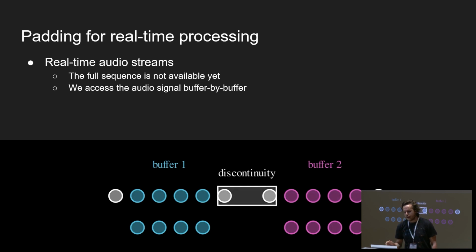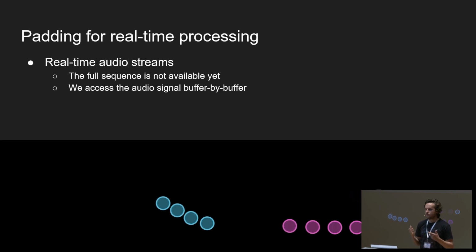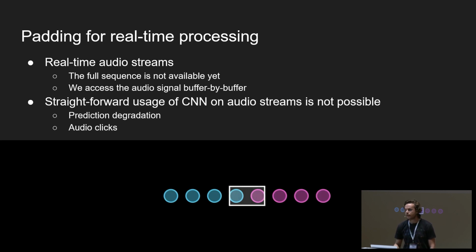This discontinuity is going to mess with the convolutional layer's ability to recognize patterns, and we're going to see that in the output of the convolutional layer, there are going to be discontinuities too. For classification tasks, it can result in degraded classification performance. And for generative tasks, it can result in audio clicks, which is really not a good thing to have.